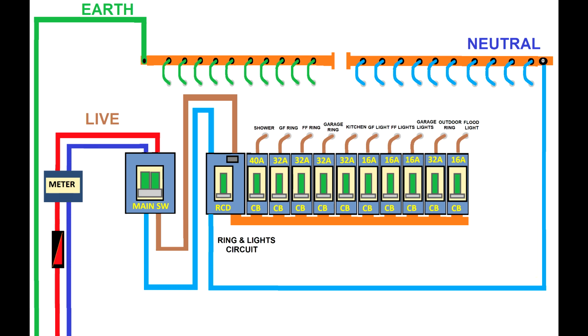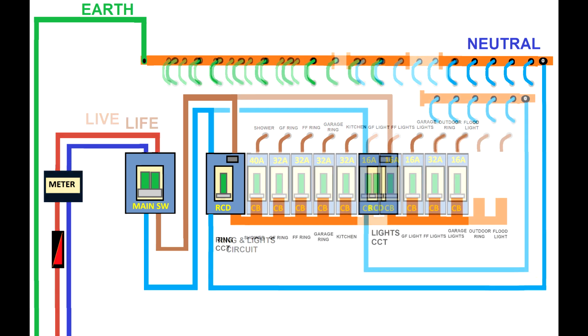You have to choose the appropriate circuit breaker to protect the electrical wire. If you have a ring circuit of 2.5, you will use a 32 amp, but if you break that ring circuit, you have to downgrade the protective device to 16 amps.